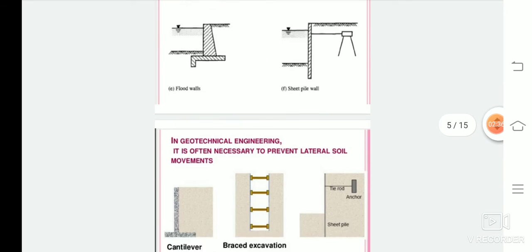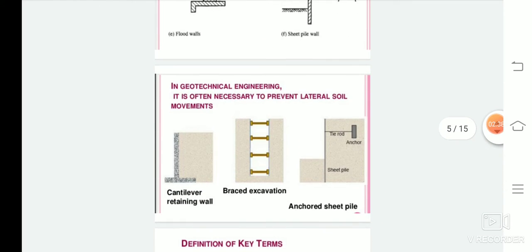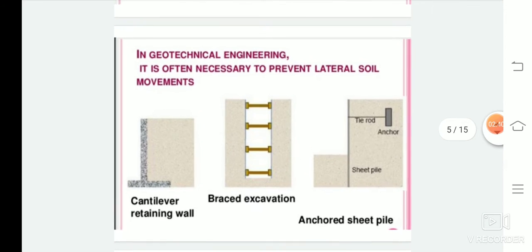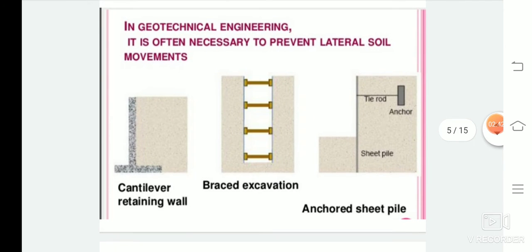As we go through the chapter, we are going to study these terminologies related to retaining walls. So for lateral soil resistance, what are the applications in geotechnical engineering? In cantilever retaining walls, it is used for retaining the lateral soil, then for braced excavation and for anchored sheet pile.